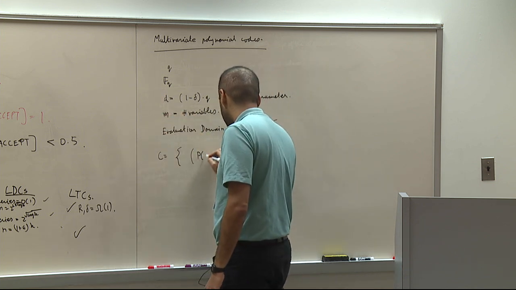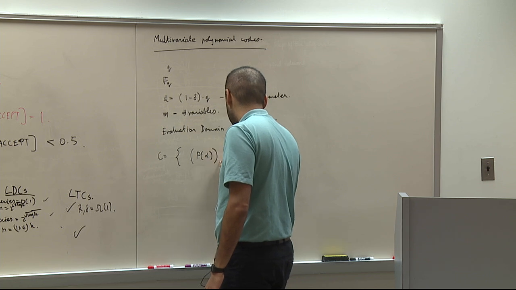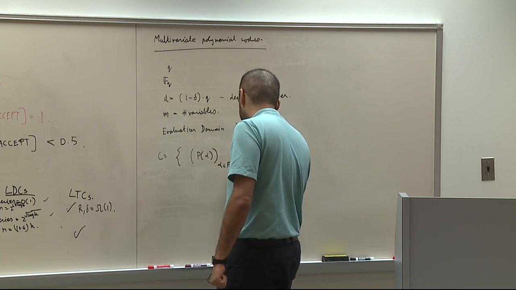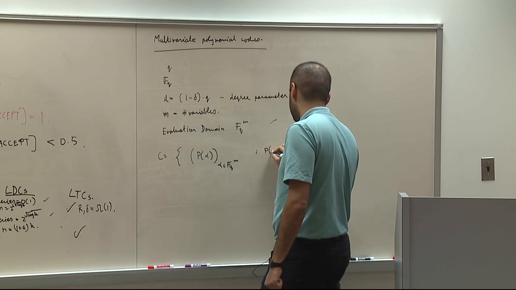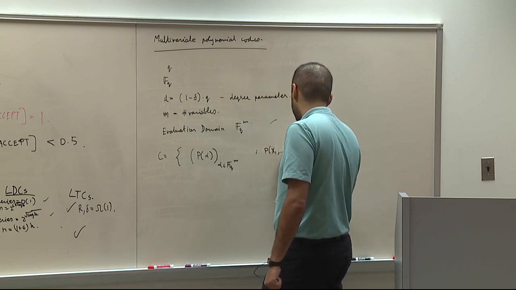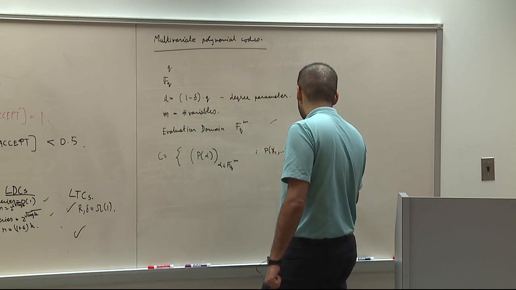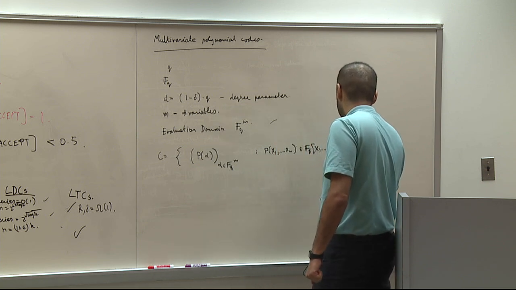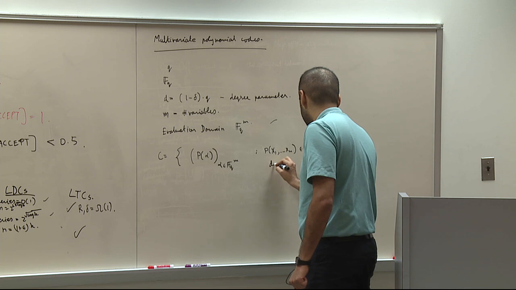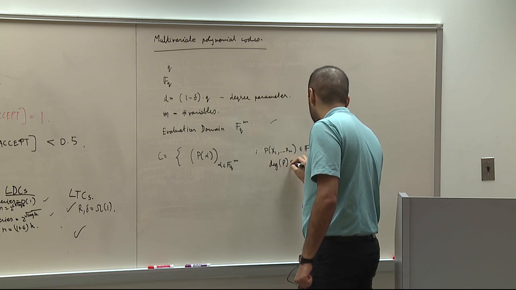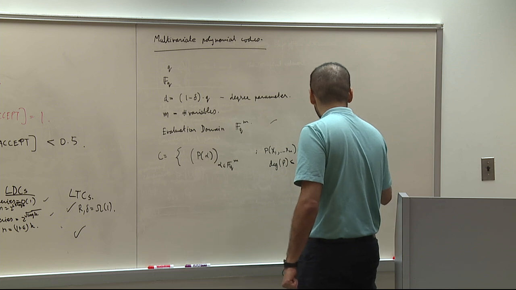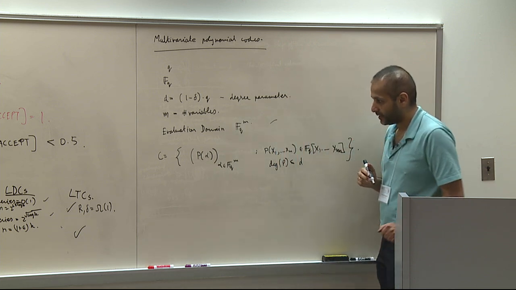This is p of alpha, where alpha is a vector in F_q to the m, where p(x1, ..., xm) is a polynomial with degree at most d. That's the code.